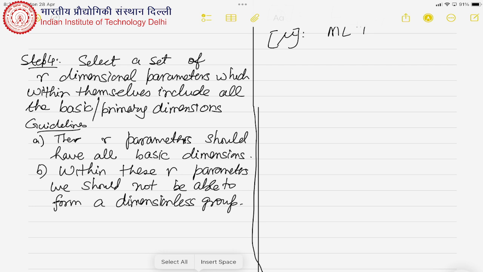For example, if I choose length as one of the parameters, then I cannot choose area as another. So I cannot choose area and length as two repeating parameters, because area divided by L square will make a dimensionless group.